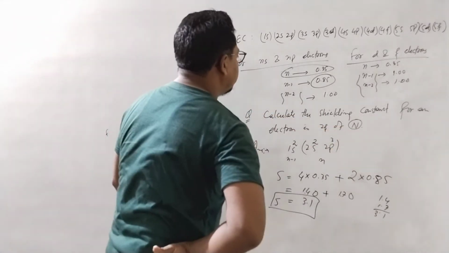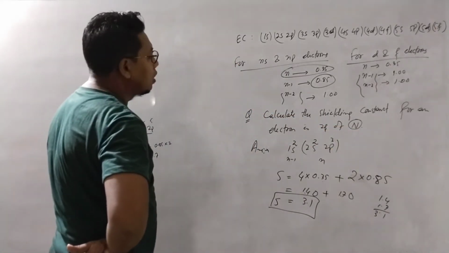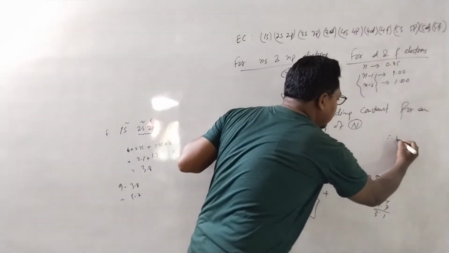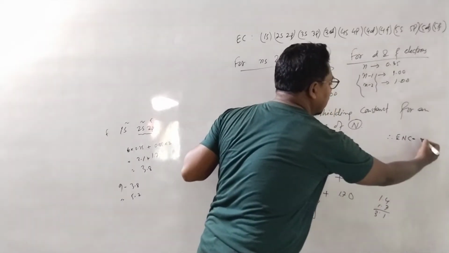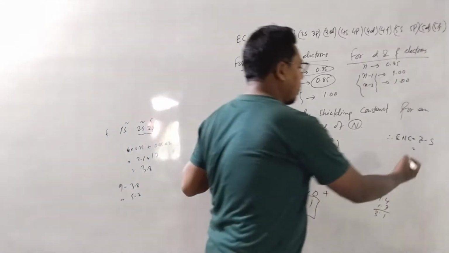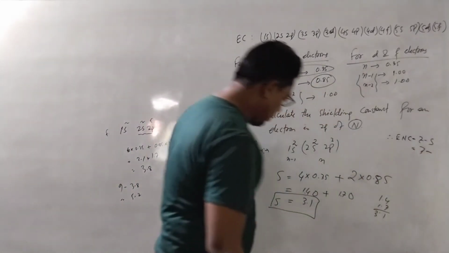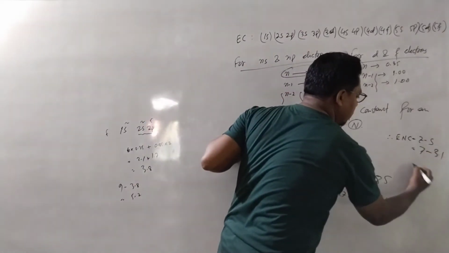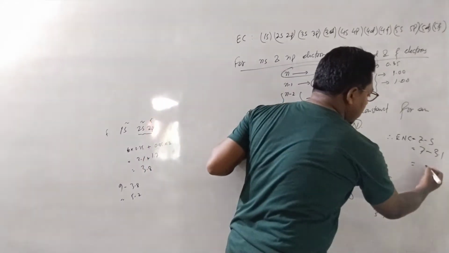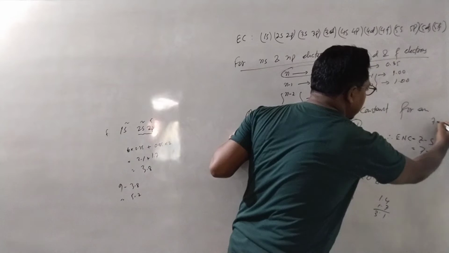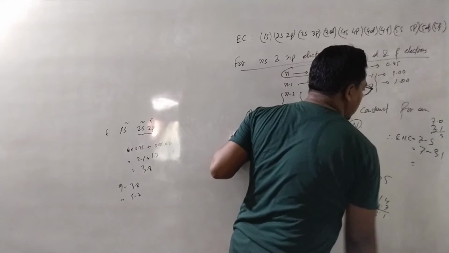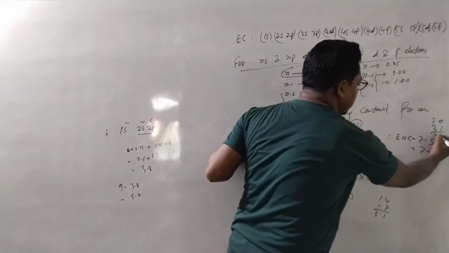So effective nuclear charge will be Z minus S. Z of nitrogen atom is 7, minus 3.1, that is equal to 3.9, right?